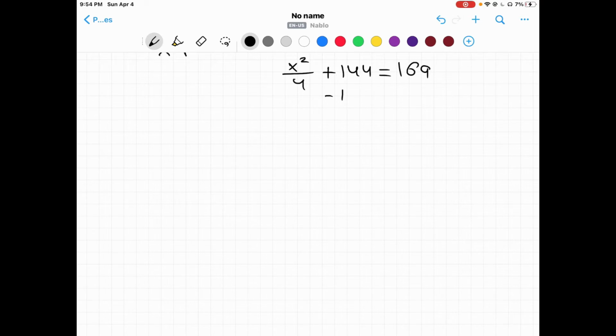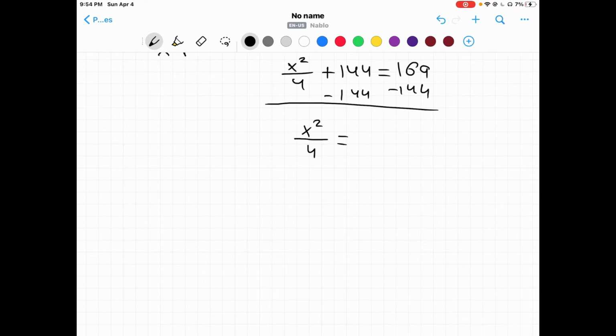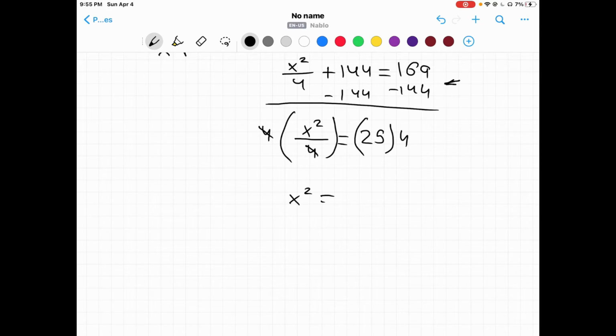Now let's scroll down and solve it. So let's subtract 144 from both sides to leave x by itself. So we would get x squared over 4 is equal to 25, which is 169 minus 144. And then we would multiply both sides by 4 to cancel out the denominator right here, and you would get x squared is equal to 100.